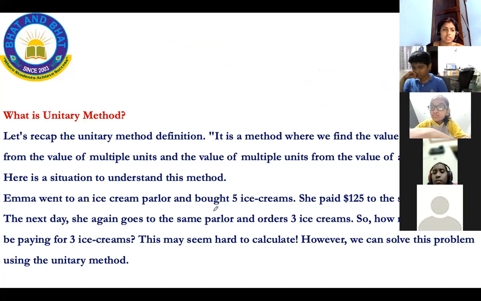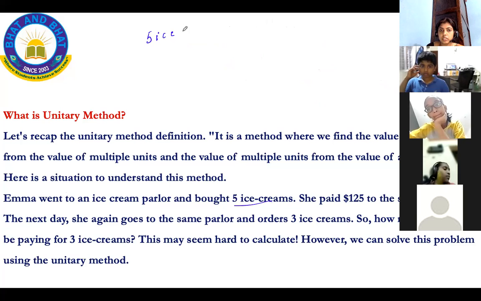Now, what is the question given here? Emma went to an ice cream parlor and bought how many ice creams? 5 ice creams. And how much did she pay? 125, correct?